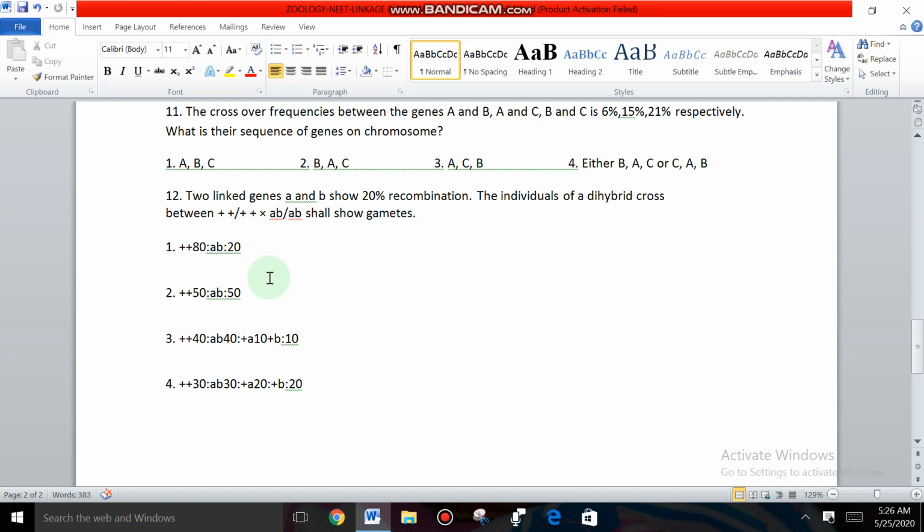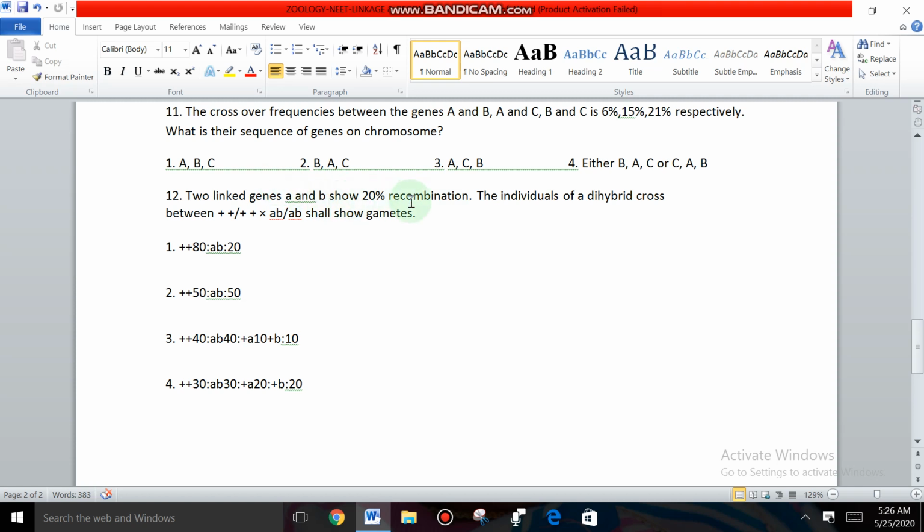Okay. Question number 12. Two linked genes A and B show 20% recombination. The individuals of a dihybrid cross between plus plus and AB shall show gametes. Two linked genes A and B show 20% recombination.